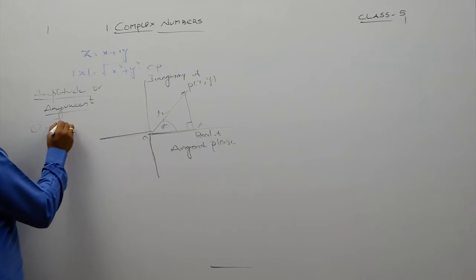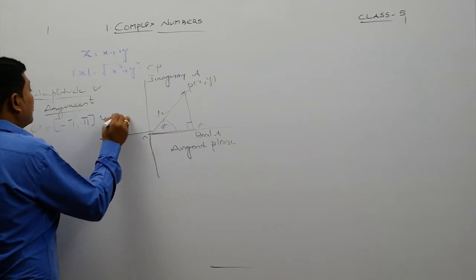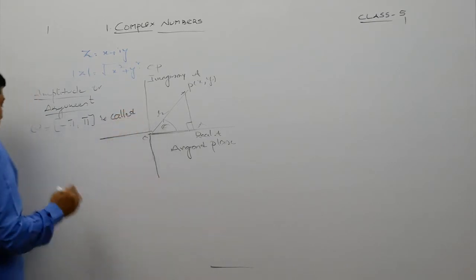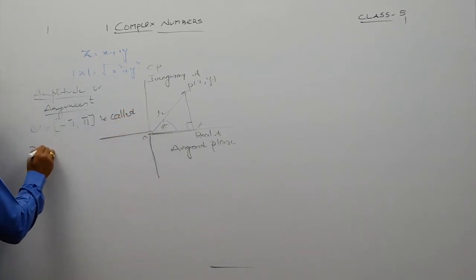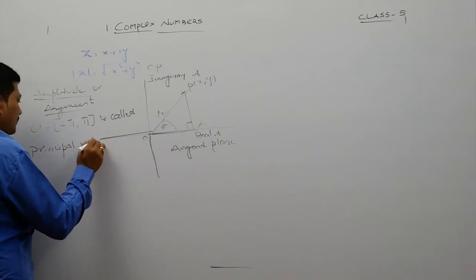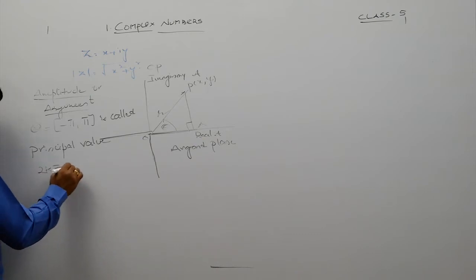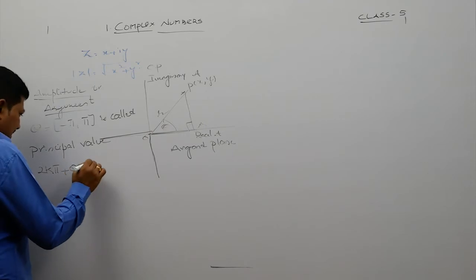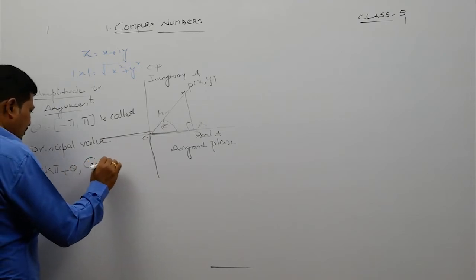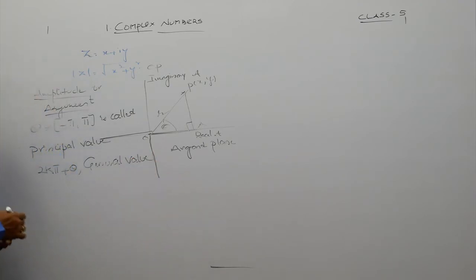that belongs to minus pi comma pi is called principal value. And of course, most importantly, this 2k pi plus theta also satisfies that one, and this is called as general value of the argument.